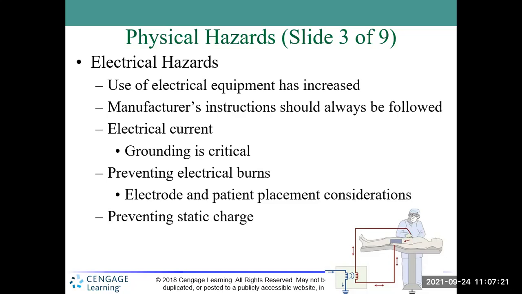The electrode and patient placement consideration. So this is important to make sure that when you're placing any electrodes on the patient, that they're out of the way of the drapes, so that there's no static charge that could occur from that. And there's going to be a lot of electrodes placed on the patient, and so they're going to be as far away from those ESUs as possible.